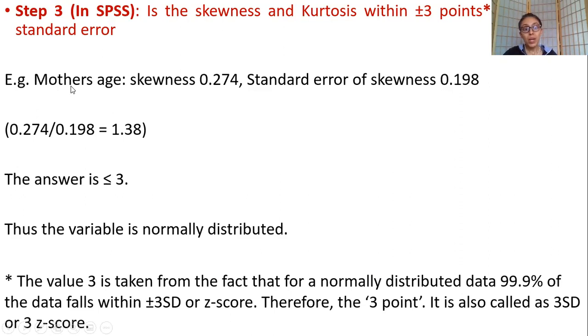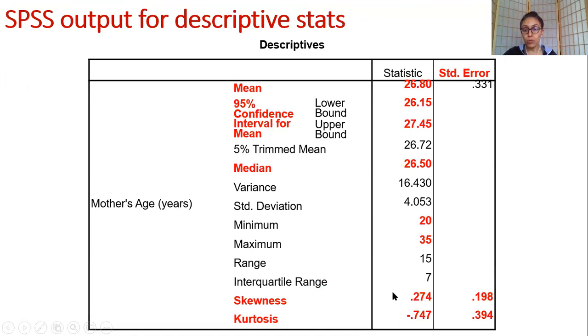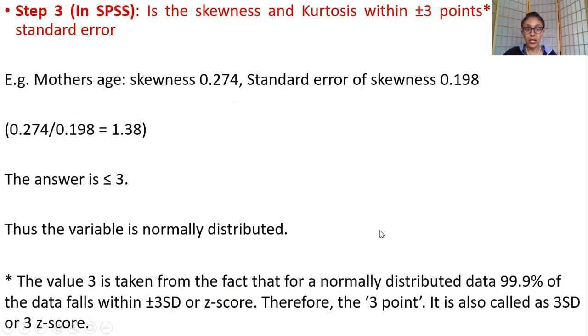All right, so for mother's age, the skewness in the earlier table was 0.274. The standard error of skewness was 0.198. Let me just show you if you're confused. This is your skewness, 0.274. This is the 0.198 standard error. This is what I have taken. I divide skewness by its standard error and I get an answer of 1.38.